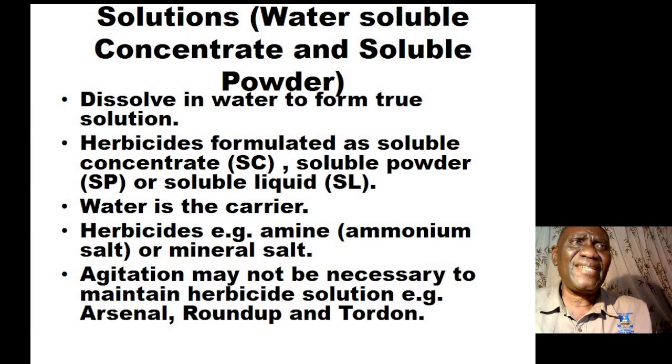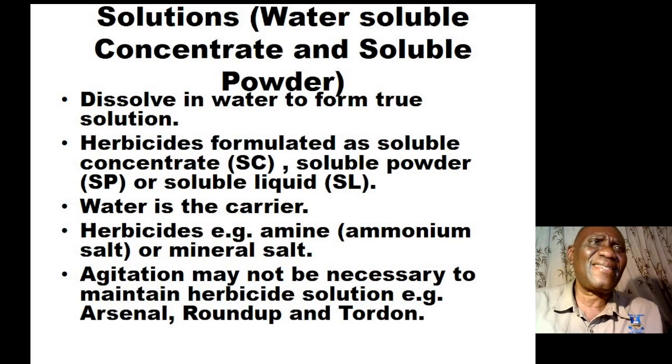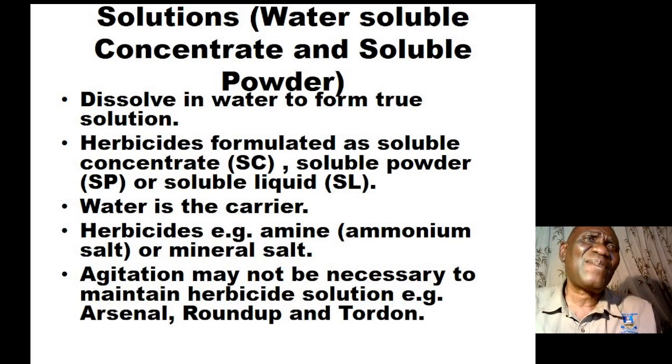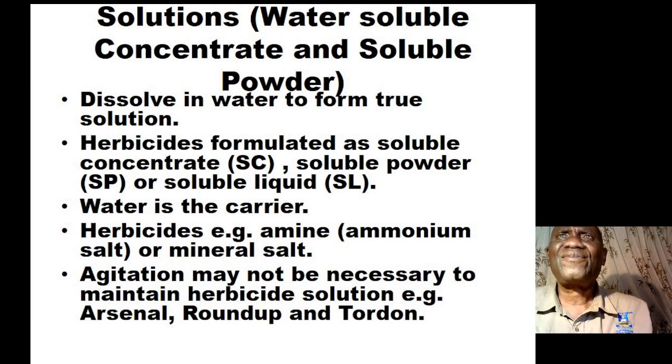So agitation for these solutions may not be necessary to maintain either pesticide or herbicide solution. If these are pesticides like Arsenal, Roundup, and Tordon, they can easily dissolve in water.